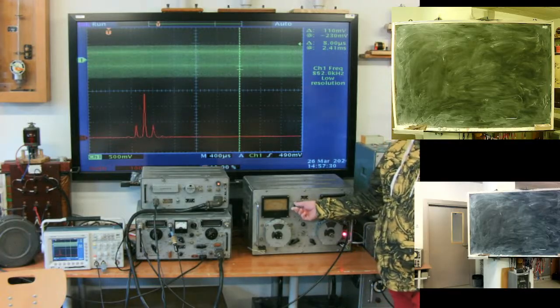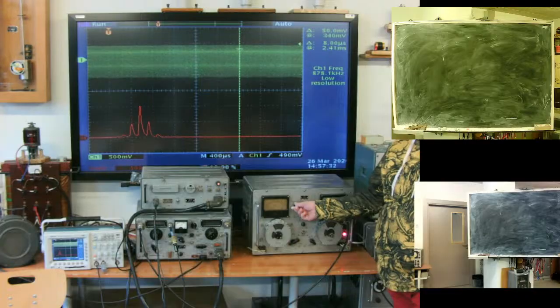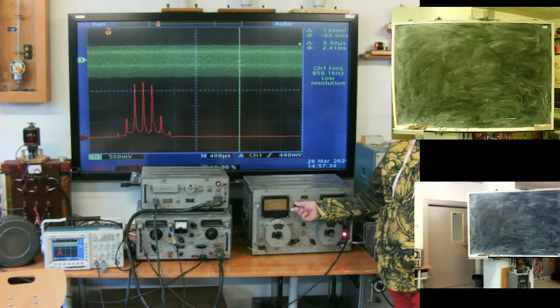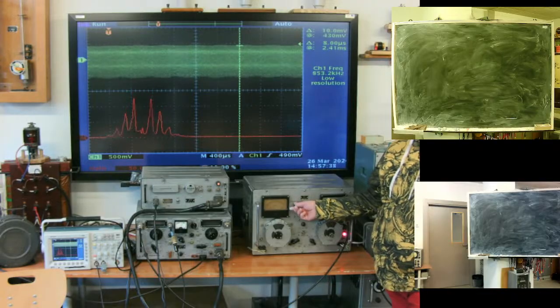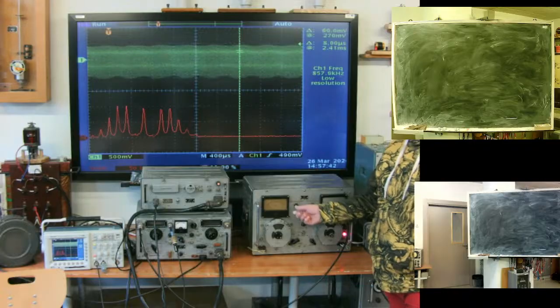I'm increasing frequency deviation, deeper, deeper.